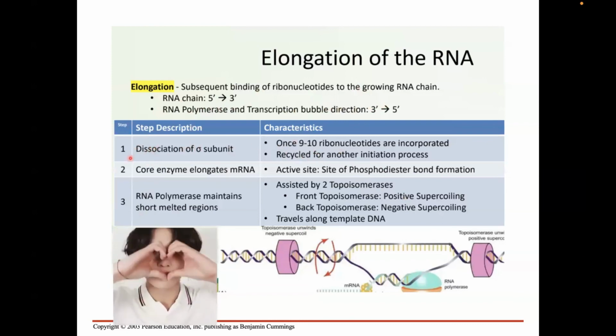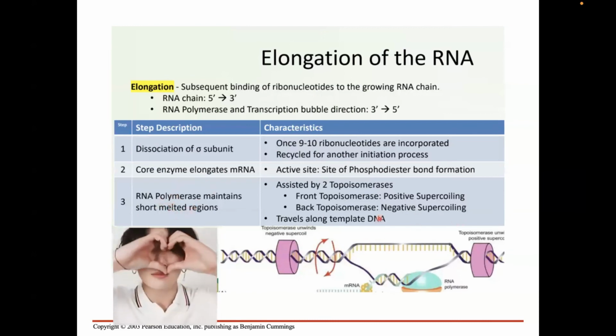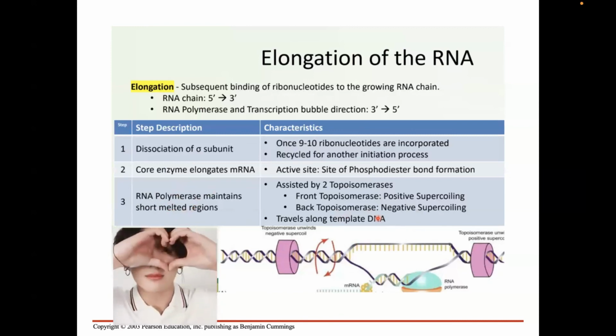Meron tayong tinatawag na dissociation of sigma subunit, core enzyme elongates mRNA, and then the RNA polymerase maintains a short melted region. So kung matatandaan, meron din tayong tinatawag na topoisomerases. What do your topoisomerases do? Sila yung parang nag-unwind para mapigilan yung supercoiling ng ating mga DNA templates or DNA strands.